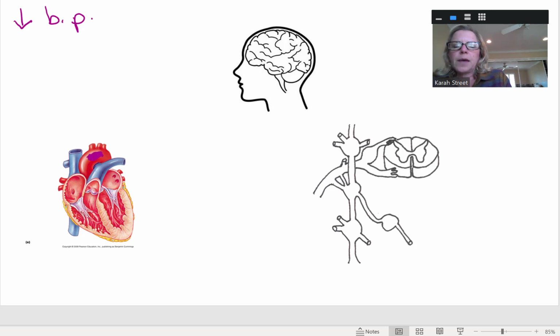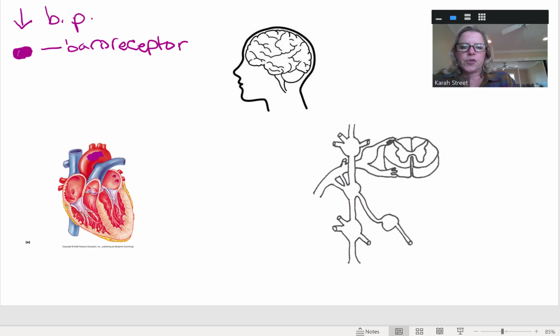How about that? So here's my legend. The baroreceptor that I'm drawing is in the aortic arch. If blood pressure is dropping, the afferent fiber would send information up to the medulla oblongata.